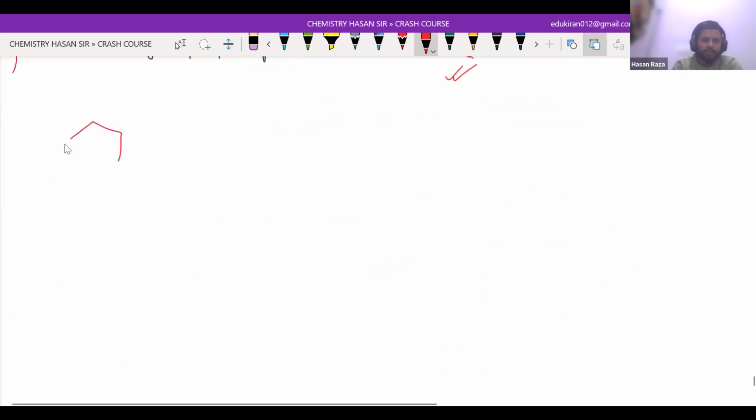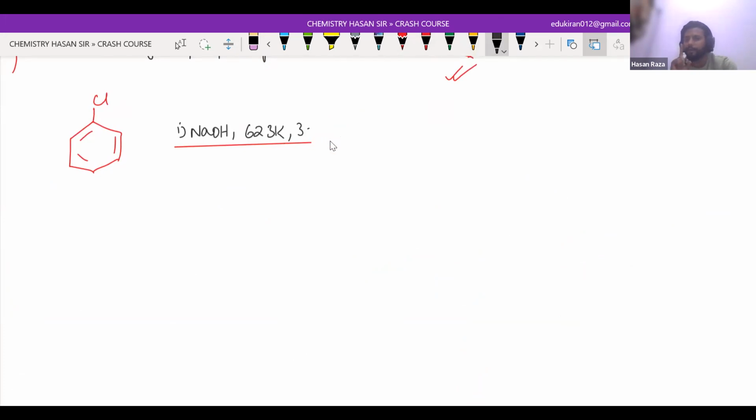If you have this benzene, and this is basically your chlorobenzene, and if you want to do the nucleophilic substitution reaction, you react this with NaOH as a nucleophile. This reaction will only take place at 623 Kelvin, very high temperature. Wait a minute.